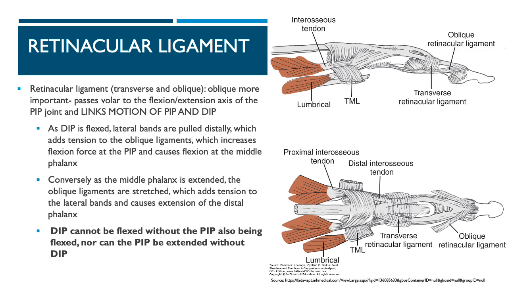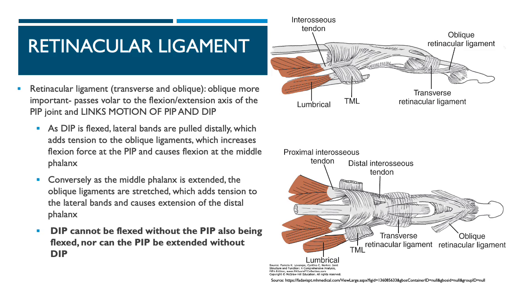Okay, so here's a little bit more information about the retinacular ligaments and how the two joints are linked. When the DIP gets flexed, it pulls the lateral bands distally, closer towards the DIP, and that puts tension on the oblique retinacular ligament, the ORL, which, because of how it's connected, forces the PIP to become flexed.